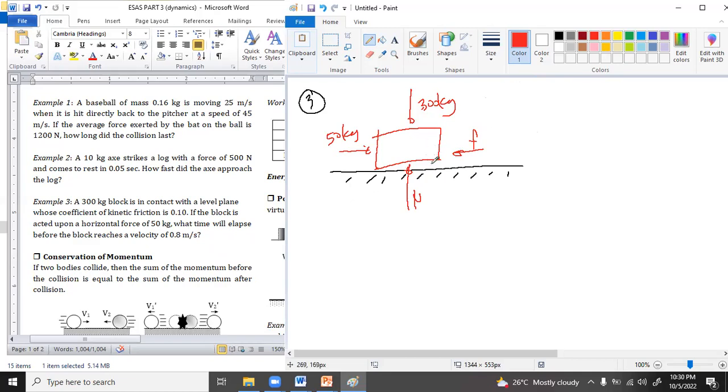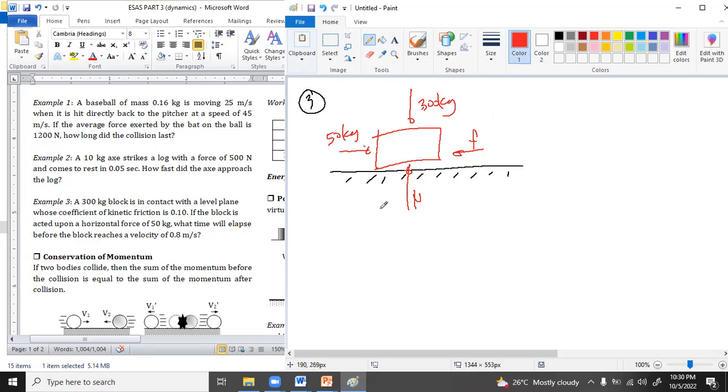According to the problem, what time will elapse before the block reaches a velocity of 0.8 meters per second? So the block is pushed by the 50 kilogram force up to such point that it reaches 0.8 meters per second.